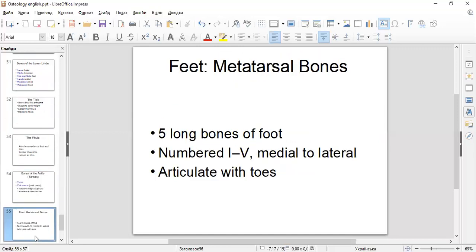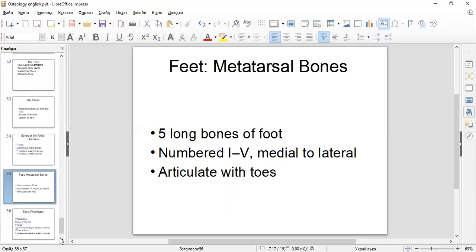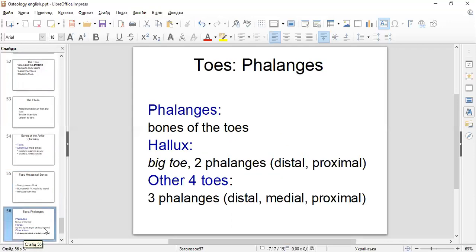Feet, metatarsal bones, consist of 5 long bones of the foot, numbered from 1 to 5, medial to lateral, articulate with toes. Toes, phalanges.